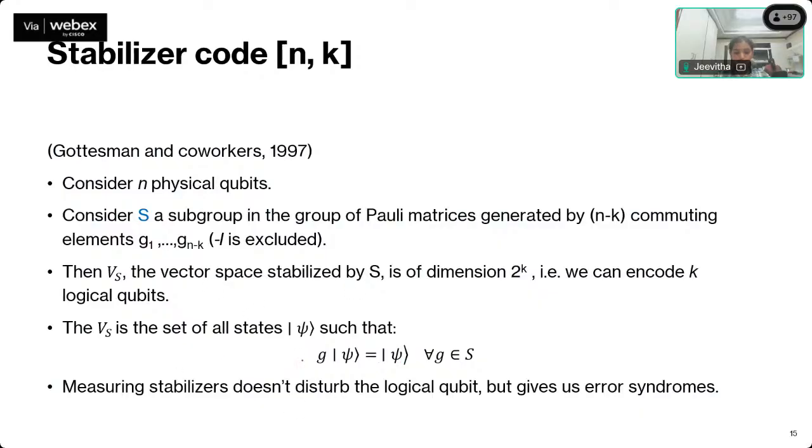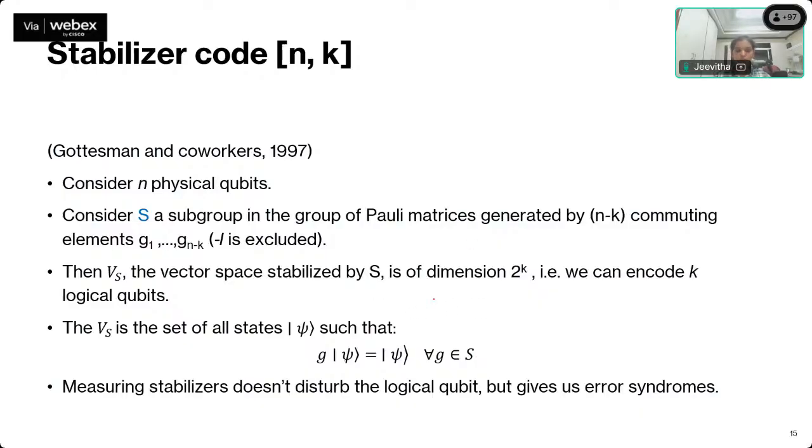Assume that in the state psi an error has occurred. Once you measure this, you get a result. That is the syndrome measurement we saw on the previous slide. That is the syndrome table you get after you use the stabilizer to stabilize the state in case there is an error.